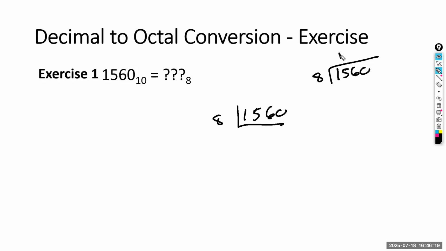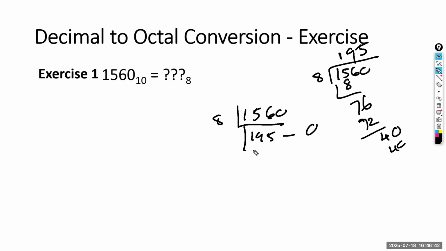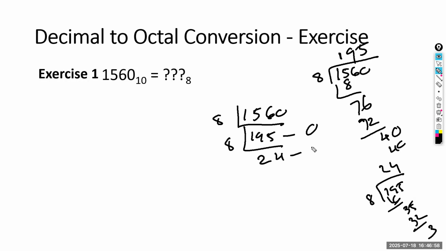Fine. So this is 1560 divided by 8: 195, nothing remains. So then I can again divide by 8. 195 divided by 8 is 24, 3 remains.